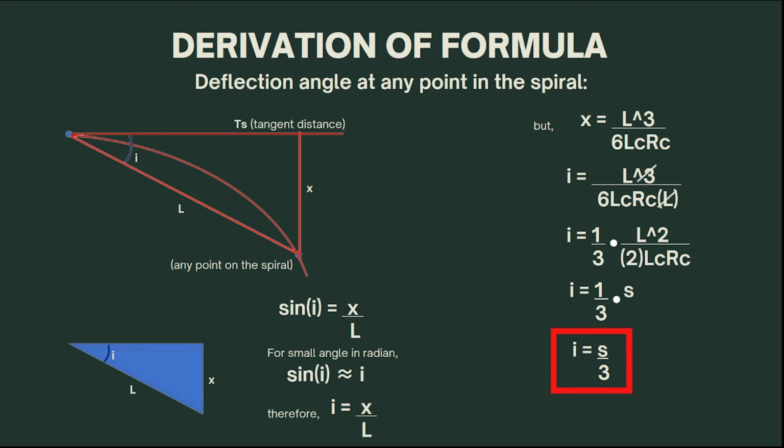However, we can further separate L squared over 2 LCRC from 1/3, which is, as we know, equal to the spiral angle in the first formula we derived. Thus, I equals 1/3 times S, or I equals S over 3, as the final formula for the deflection angle at any point in the spiral.